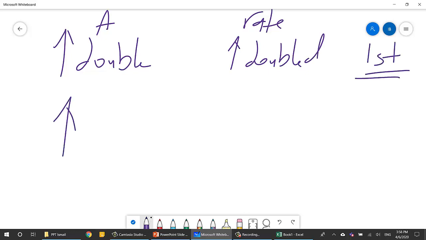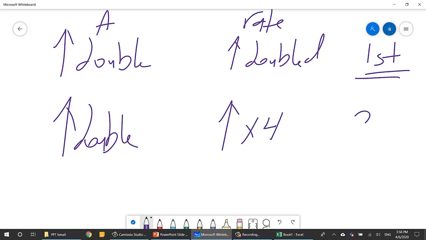If you double the concentration of A, like if you multiply by 2, and you find that the rate is actually multiplied by 4, which is quadrupled, this means second order. If you double the concentration of A and you find the rate is not changed, no change in the rate, this means zero order.